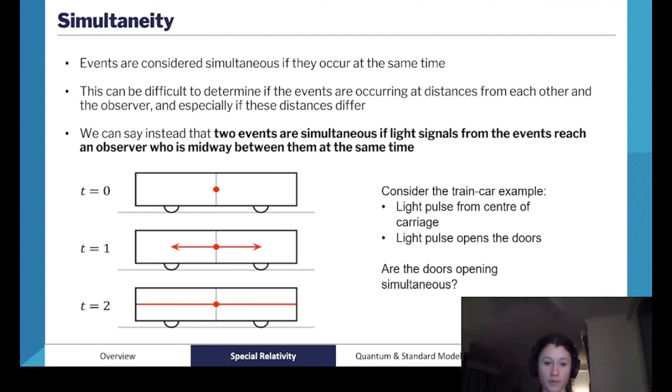So, if our light pulse emits from the center and hits both of the doors at the same time, then both of the doors opening are going to be simultaneous events. Now, hang on to this example of the train car in your mind, because we're going to be getting onto this later on when we talk about paradoxes.